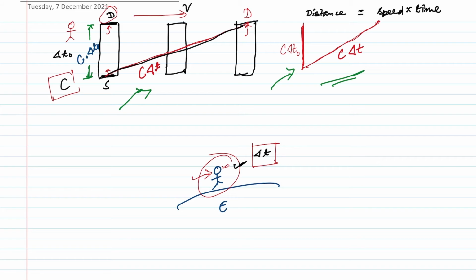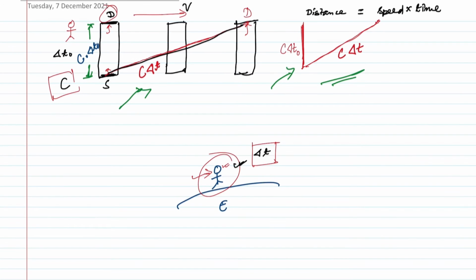Okay, so now you see, as this clock is moving with velocity v according to this observer, what will be this distance, from this point to this point? Again we are going to apply the same formula, speed into time.